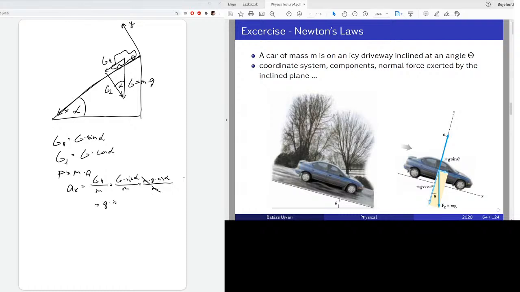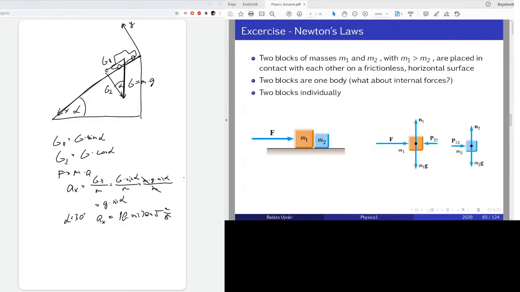So for example, alpha equals 30, the acceleration will be 10 times sinus 30, which is 5. And this is meter per square second. This is only with no friction. The only trick, we have to always divide the weight into parallel and perpendicular components to count it.